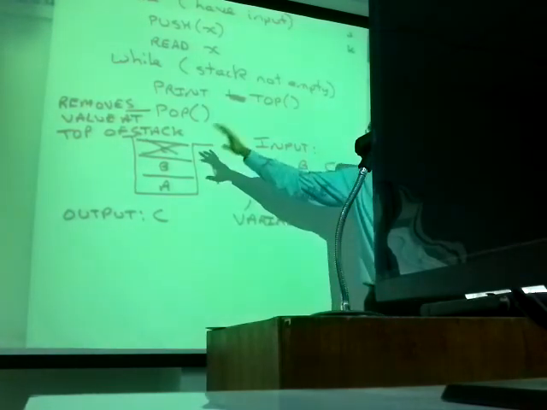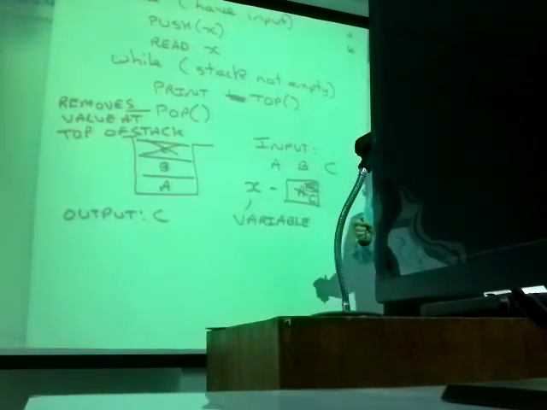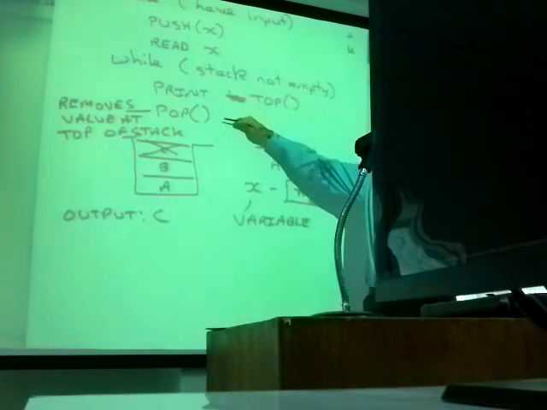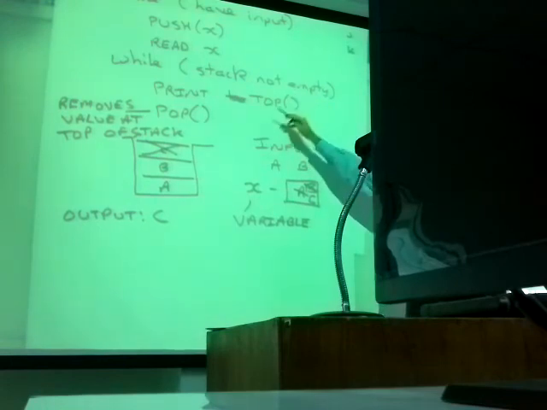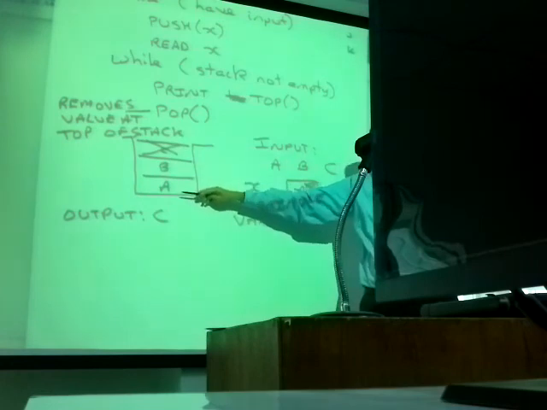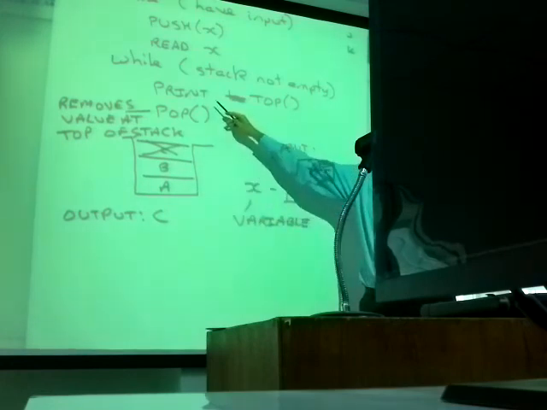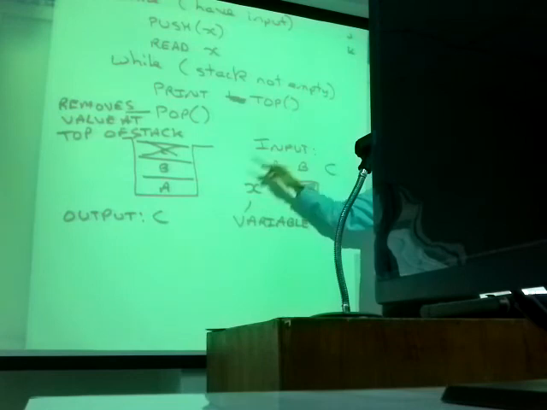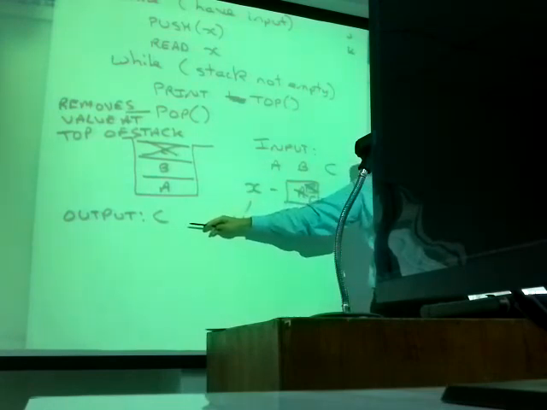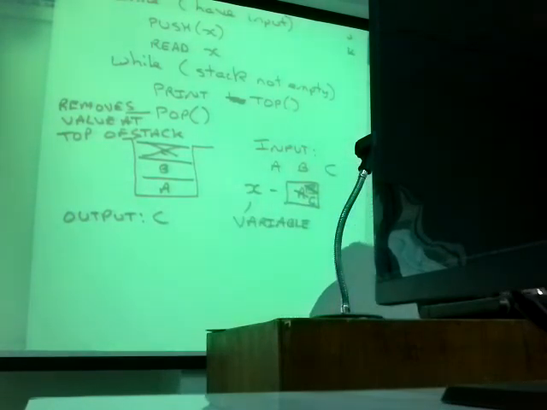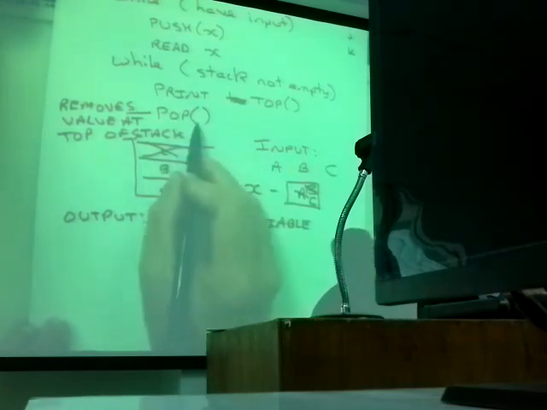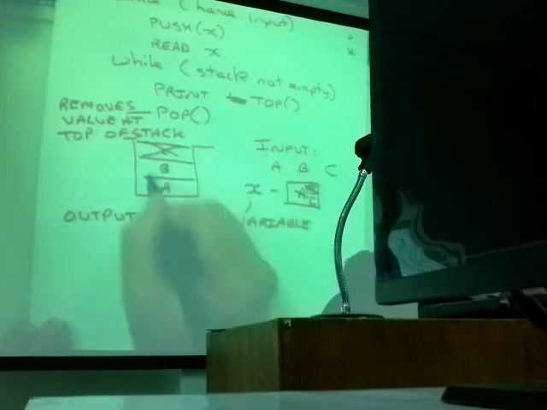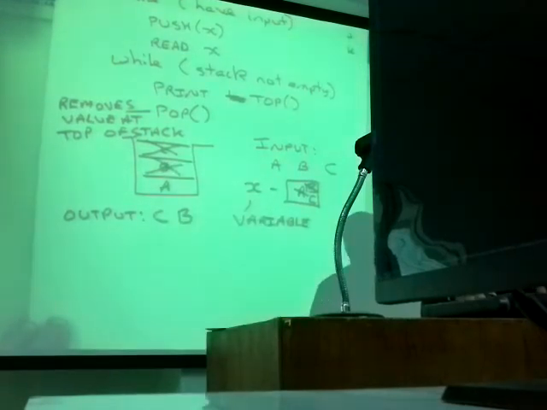So C now is gone. Is the stack empty? Yes or no? Stack is not empty. Stack has got two values. Print the value at the top. What value gets printed next? B. That's right. Then we pop again, so B gets removed.